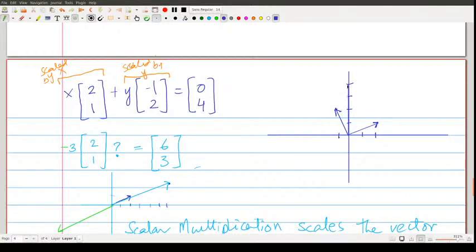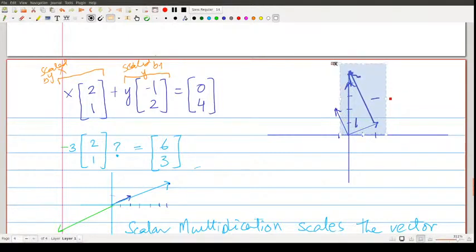I want to get this vector by multiplying something with this, changing the scale of this. So maybe if I take this vector and put it over here and start scaling it, and try to see if I reach the end of the original vector, you notice that I know I have not drawn this to scale, so I must be getting some error.